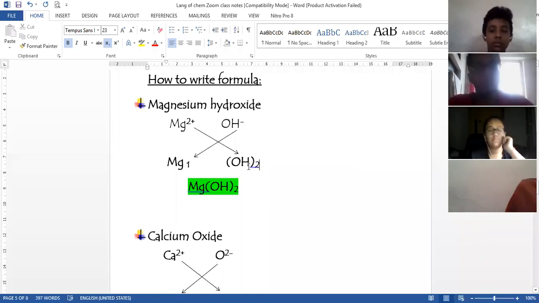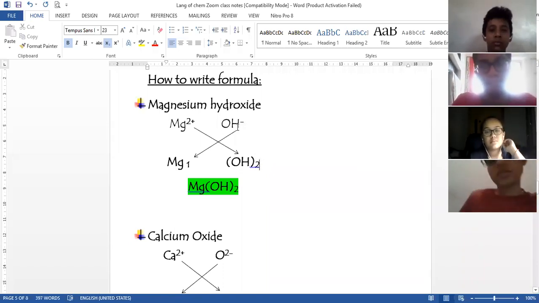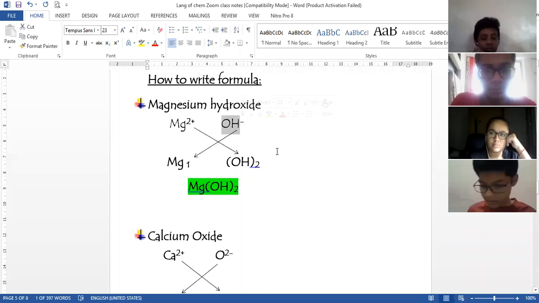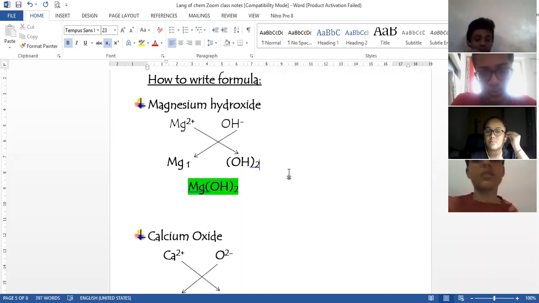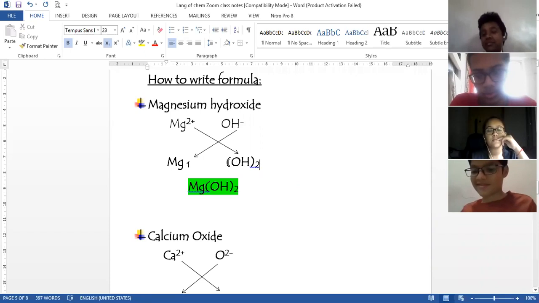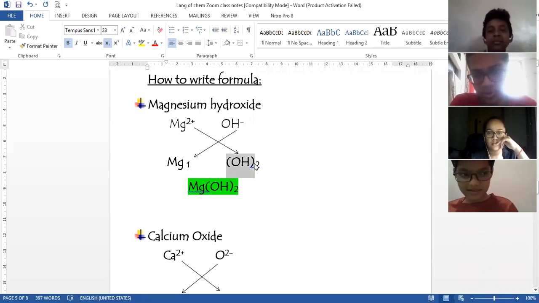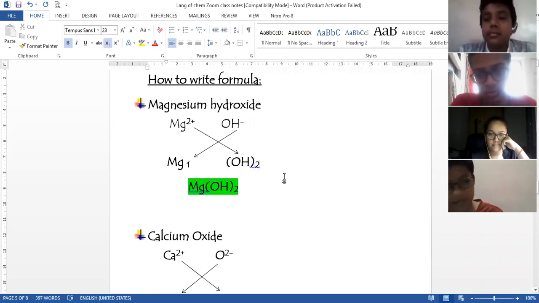Now, why do I put a bracket over here? Because OH is a radical. I taught you this in grade 8. Whenever you're writing a radical, you have to make sure you put it in a bracket.